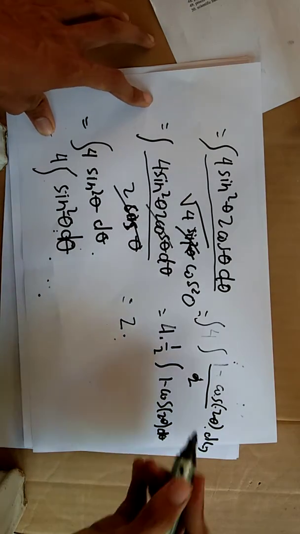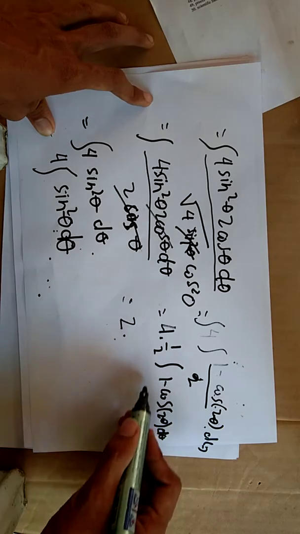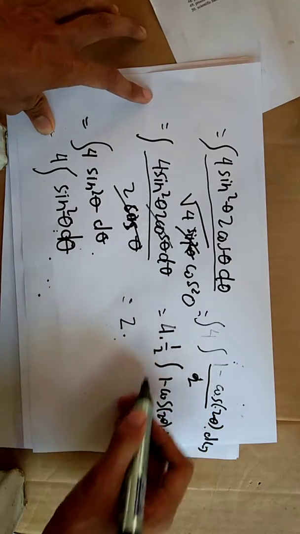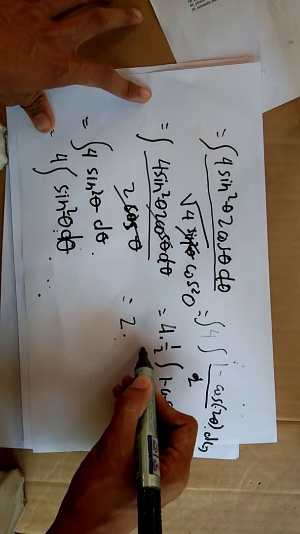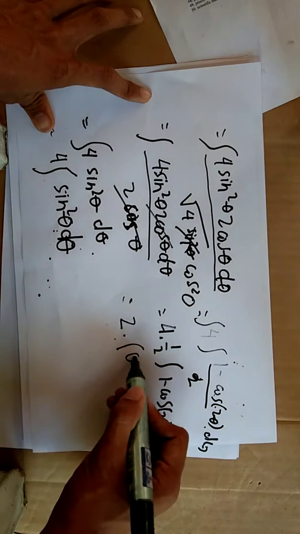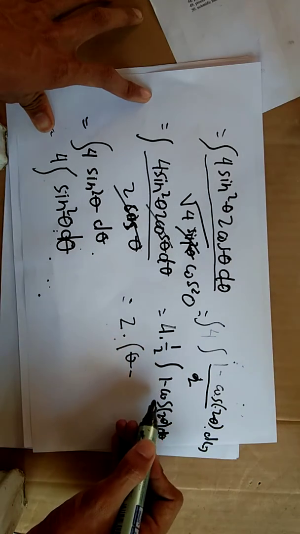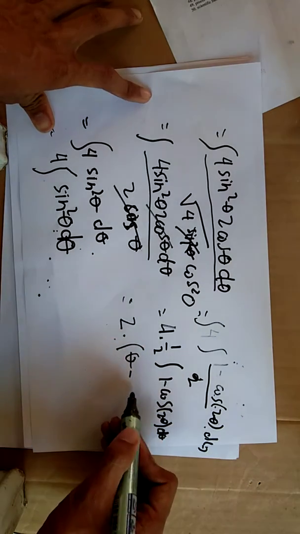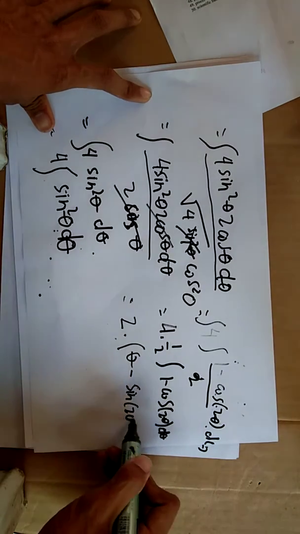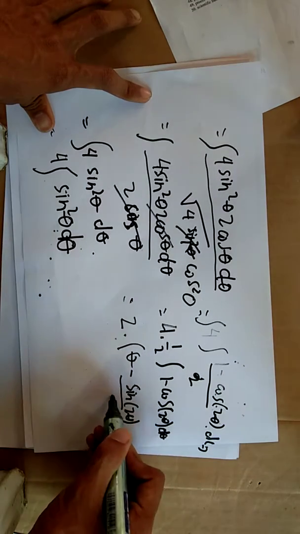Then we will integrate this term: the integral of 1 is theta, then the integral of cosine 2 theta is sine 2 theta over 2.